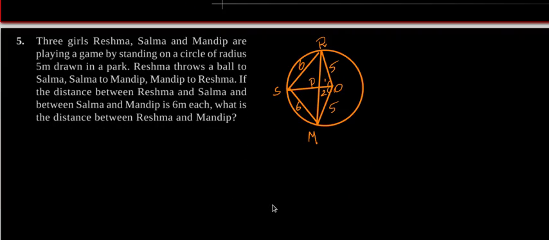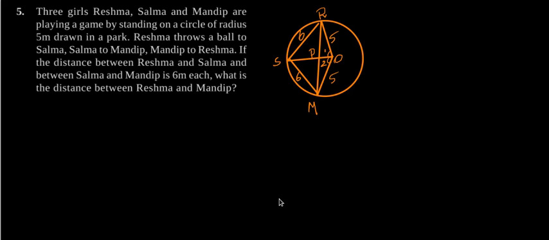Next one. Three girls, Reshma, Shalma and Mandip, are playing a game by standing on a circle of radius 5 cm drawn in a park. So they are standing on a circle.